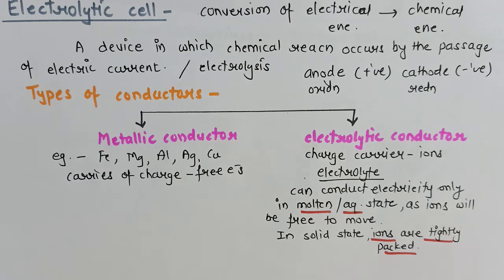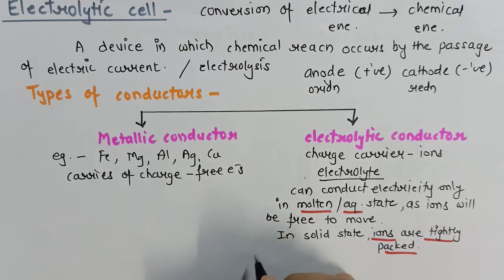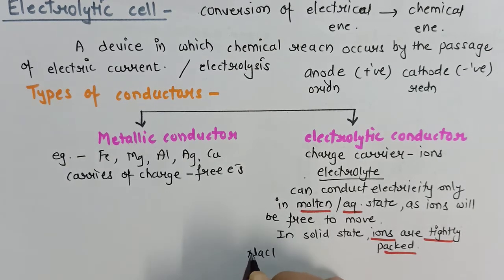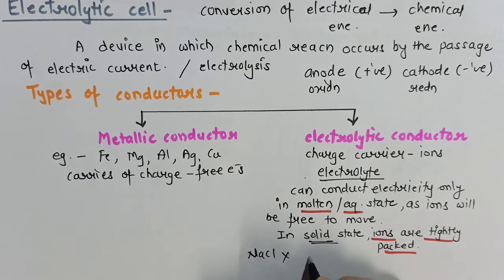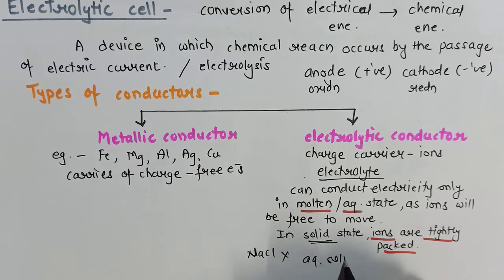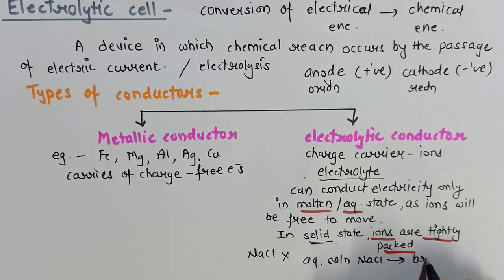But before that, I would like to give one example, like NaCl. NaCl in solid state will not conduct the electricity, but the aqueous solution of NaCl, which we also call brine, will be able to conduct the electricity because in that case the ions will be free to move.